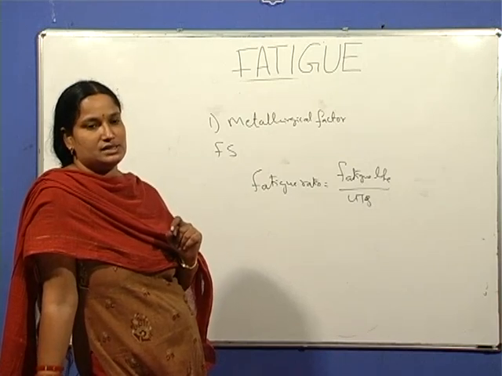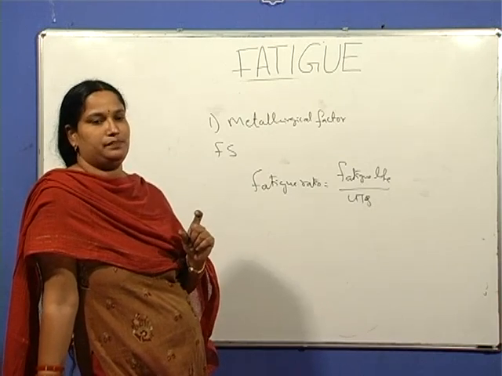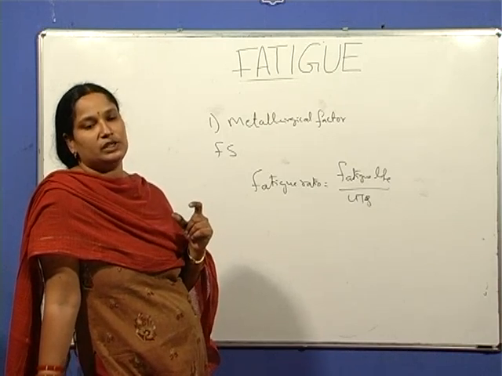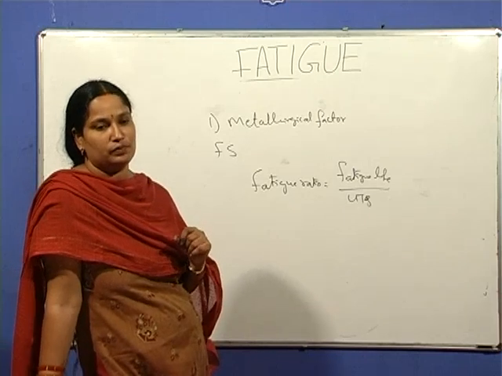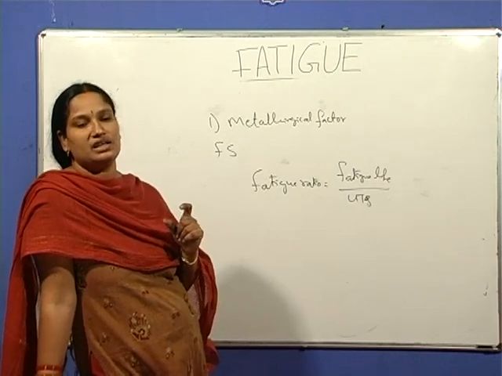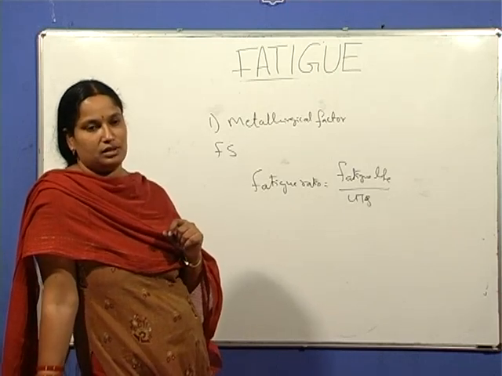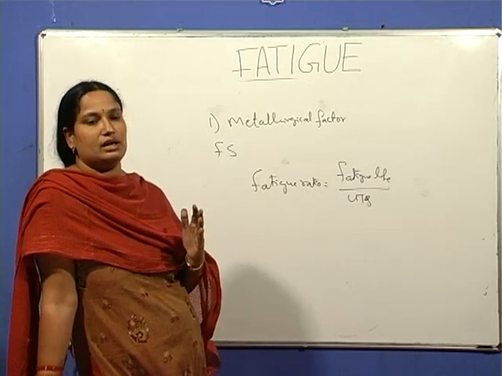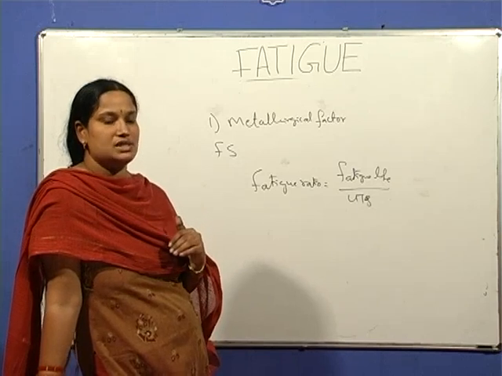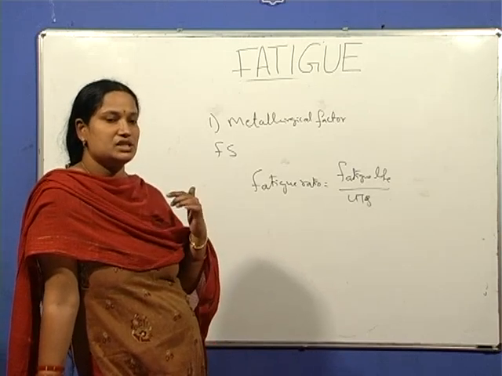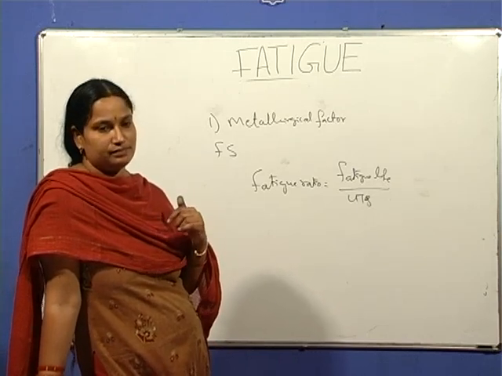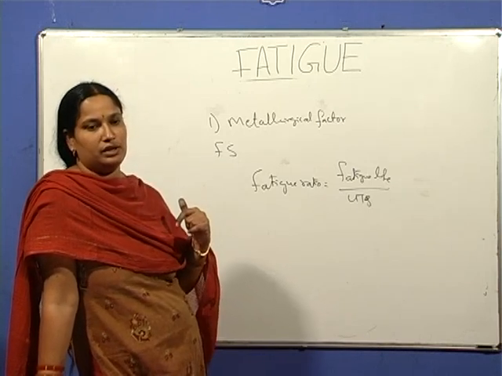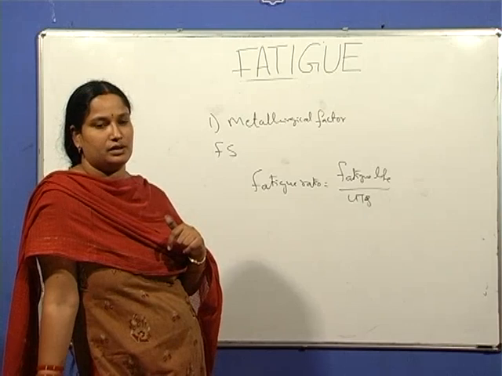Materials which have a low stacking fault energy have more difficulty to cross slip when compared to materials with high stacking fault energy. High stacking fault energy materials can undergo cross slip, that means the dislocations can cross slip very easily when compared to the low stacking fault energy metals.